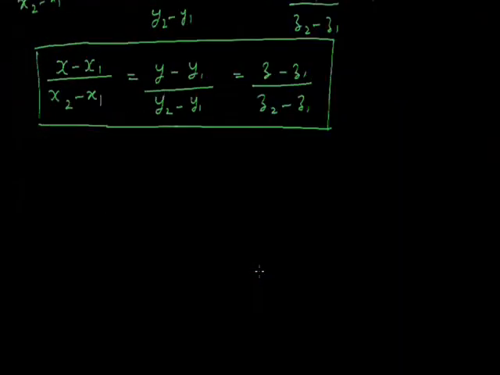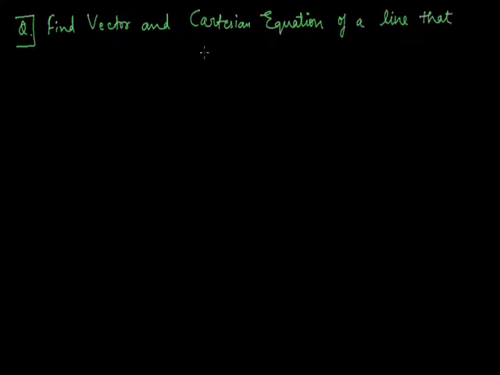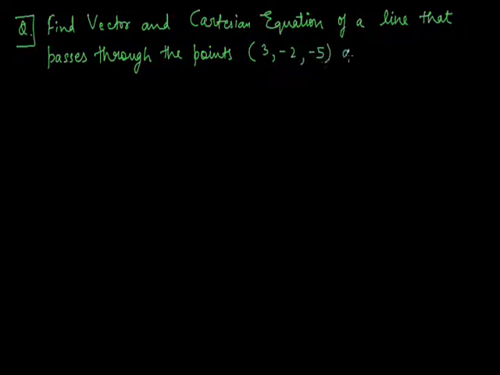Let's discuss a question. Suppose the question is, find the vector and Cartesian equation of a line that passes through the points 3, minus 2, minus 5 and 3, minus 2, 6.